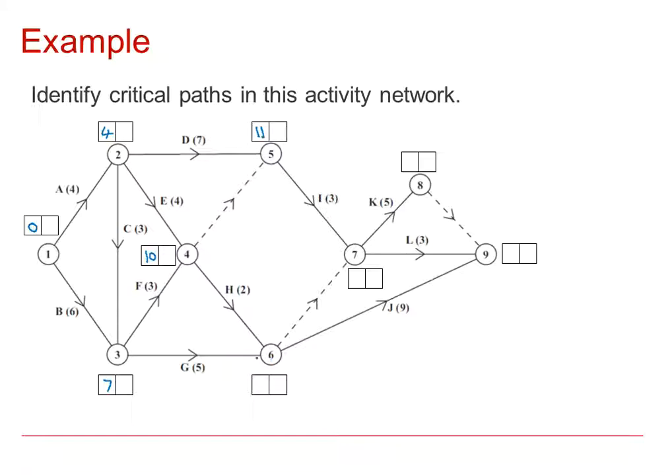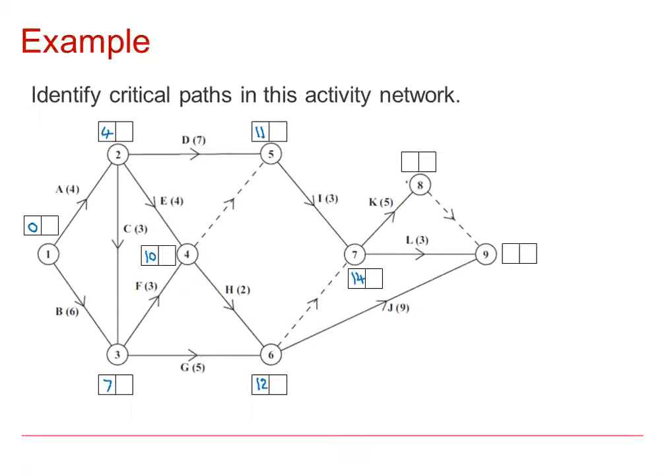The earliest that event 6 can happen is either 10 add 2 or 7 add 5. They both give me 12, so the earliest this can happen is 12. The earliest event 7, it's either 11 add 3 is 14 or 12 along the dummy. In order to complete I and H and G, I would need 14 units of time.